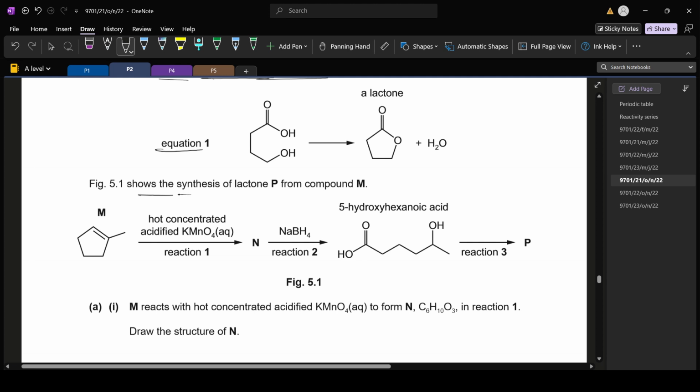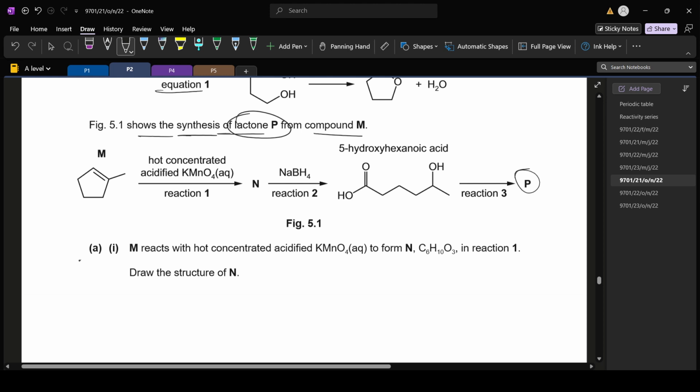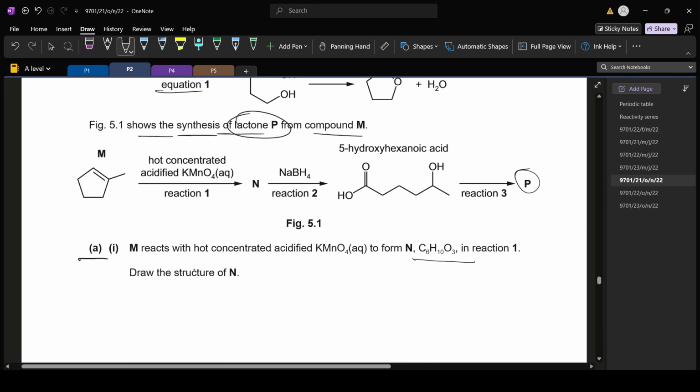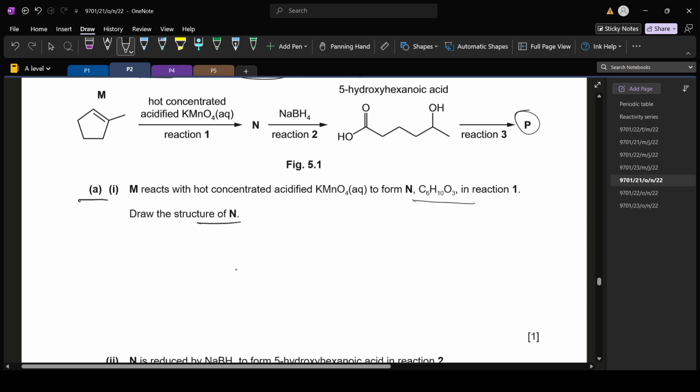Figure 5.1 shows the synthesis of lactone P from M. This is M. M reacts with hot concentrated acidified KMnO4 to form N, C6H10O3, in reaction 1. Draw the structure of N.